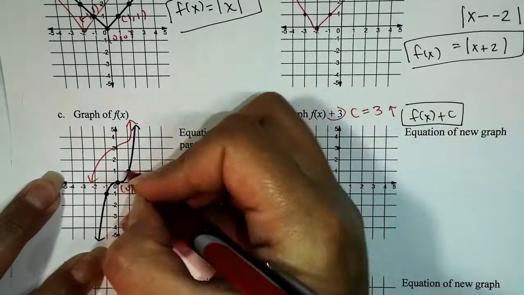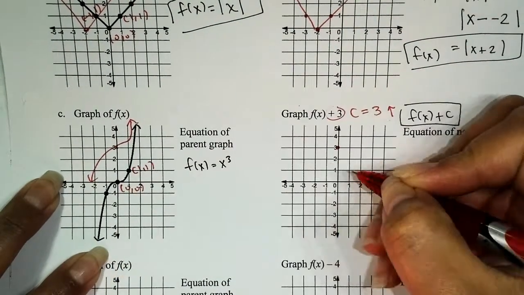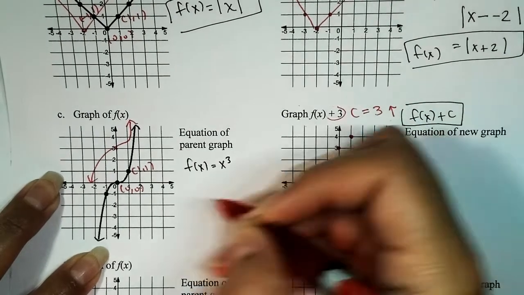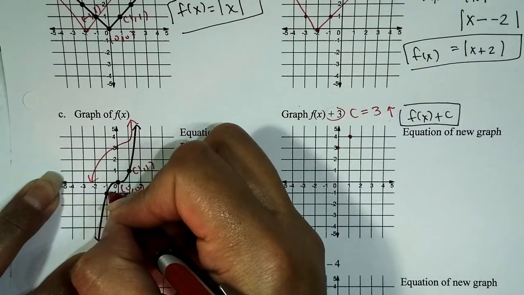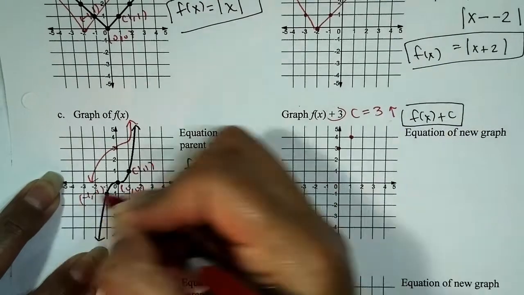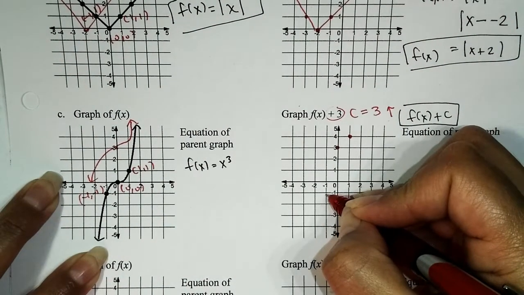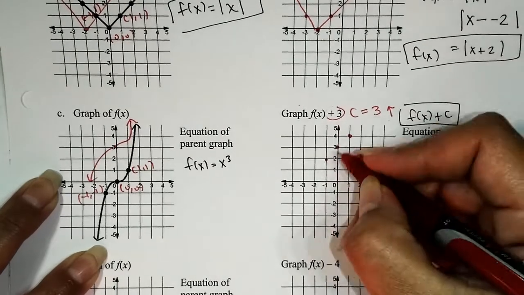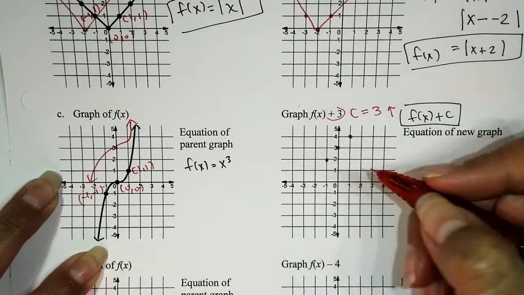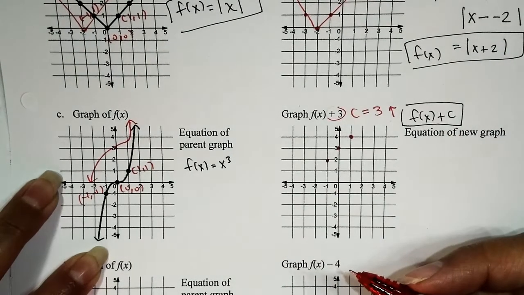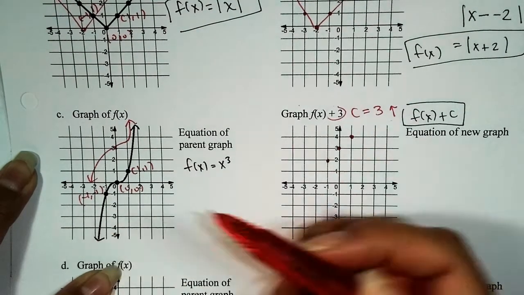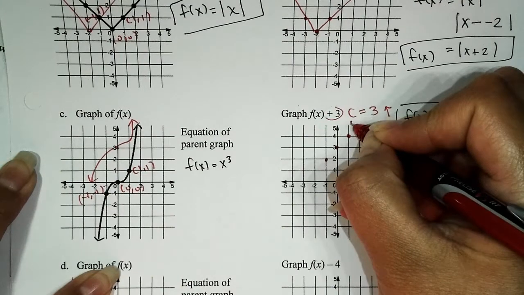The next one is 1, 1. Let's locate that and go up 3 units. Hopefully I know how to count. The next one is negative 1, negative 1, and then we go up 3 units, 1, 2, 3. With tired eyes, I want to take a straight edge and draw a straight line, but this does not look like a straight line, so I'm going to do my best to draw the graph.